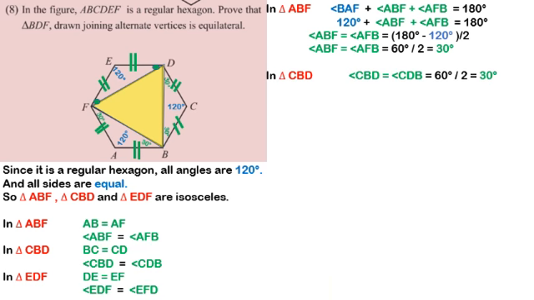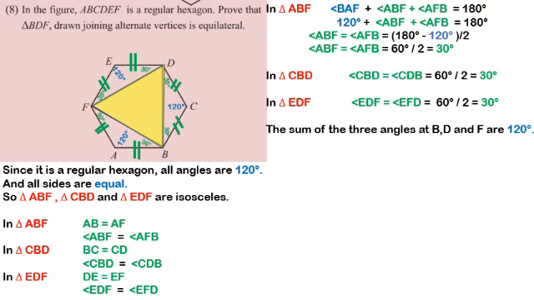Similarly, in triangle CBD, angle CBD equal to angle CDB equal to 60 by 2, that is 30 degree. And in triangle EDF, angle EDF equal to angle EFD equal to 60 by 2, that also 30 degree. And we know the sum of the three angles at the vertices B, D and F are 120 degree.